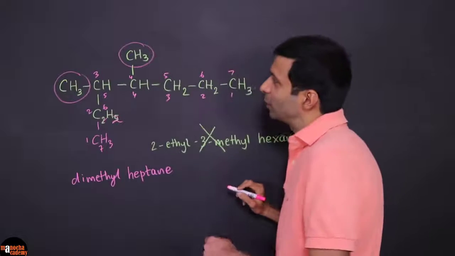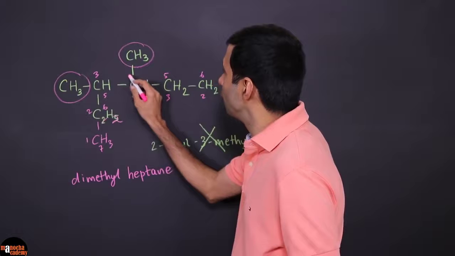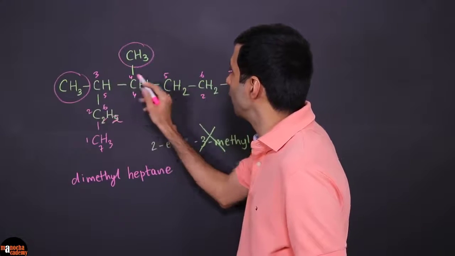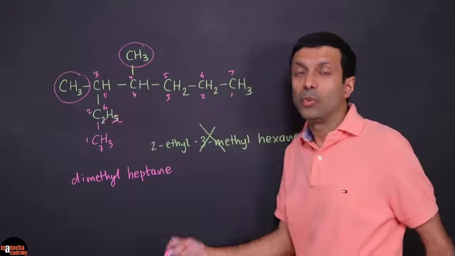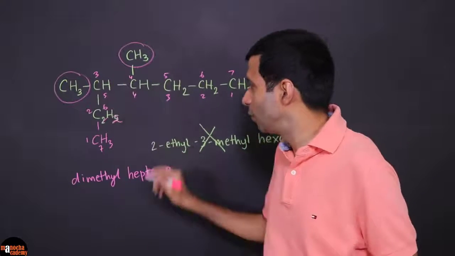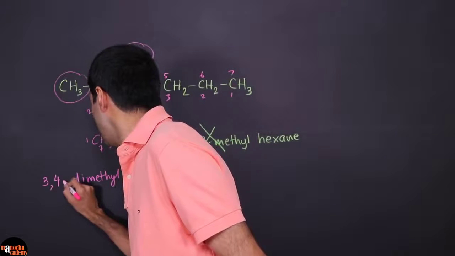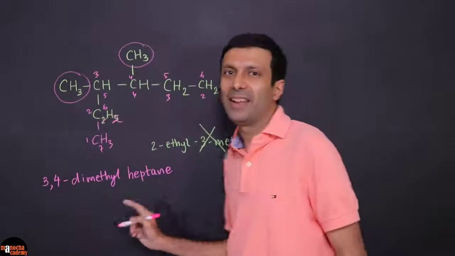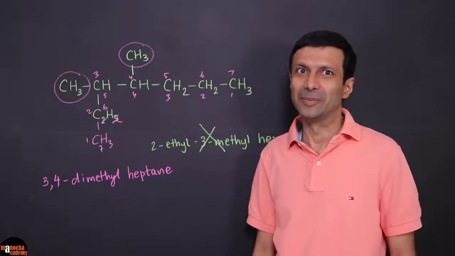And what are its positions? It's at position 3 and 4 if we number this way. And if we go this way, it's at 4 and 5. So again, we'll choose the smallest numbers, which is 3 and 4. So the name is going to be 3,4-dimethylheptane. So that's our correct answer here.